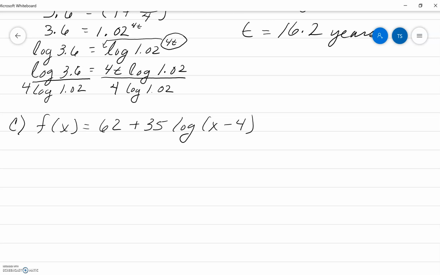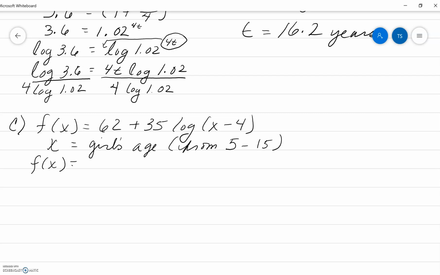The one in your book is the growth of a boy. So here, x is going to equal a girl's age, and it's got to be between 5 and 15 years.